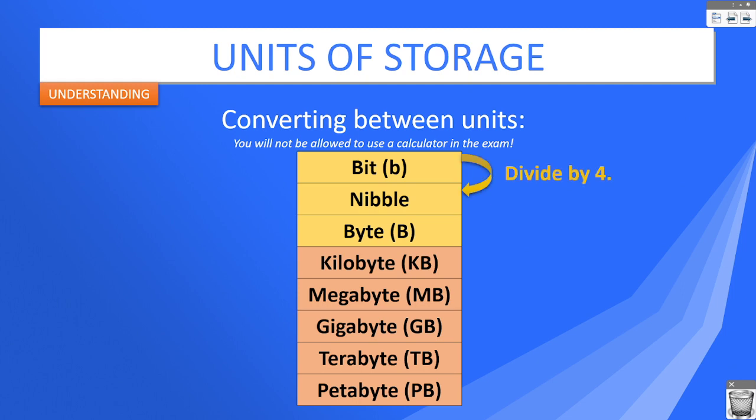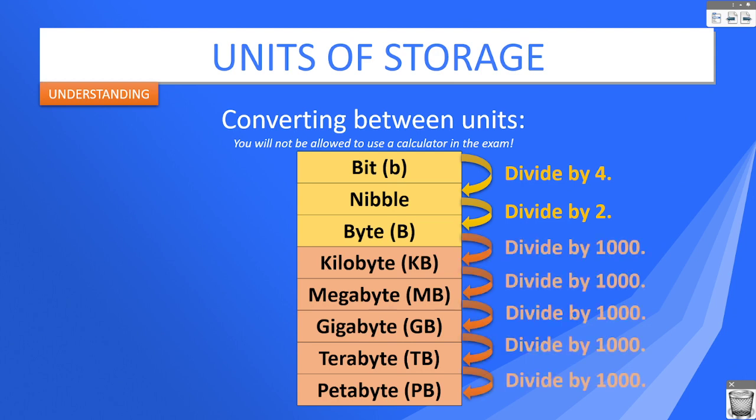If I'm going between a nibble and a byte, I know that 1 nibble is 4 bits. If I times it by 2, I get the full 8. So in this case, I simply divide by 2. And as we go up, actually, we just divide by 1,000.